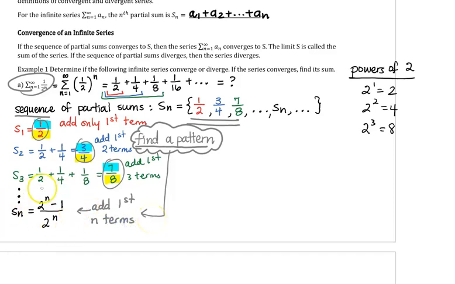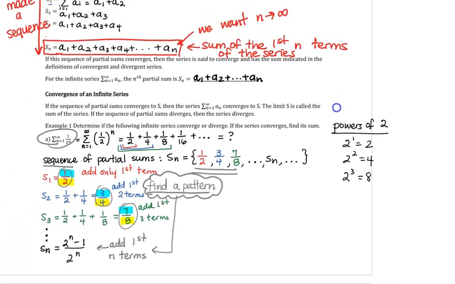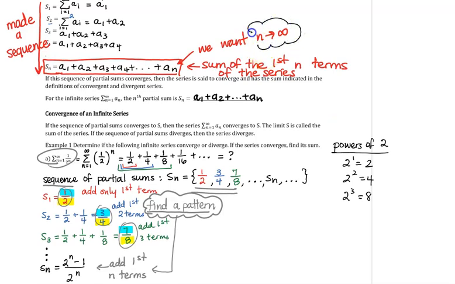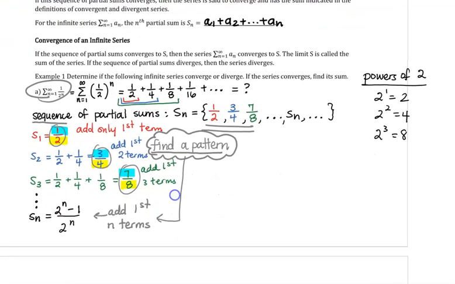So now that we have an expression for when we add the first n terms of the series, remember what we want. We want n to go to infinity because we want to know the infinite sum of the series. So the sum from n equal to 1 to infinity of 1 over 2 to the n.